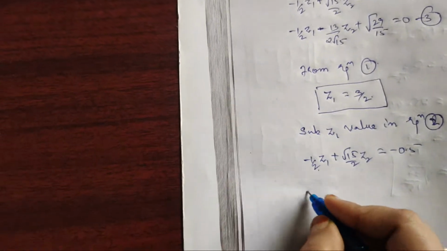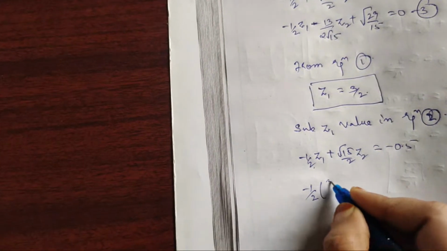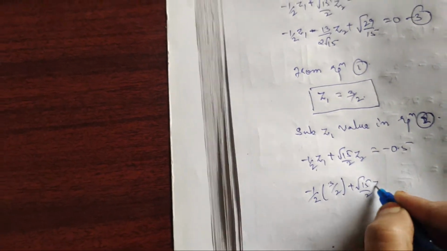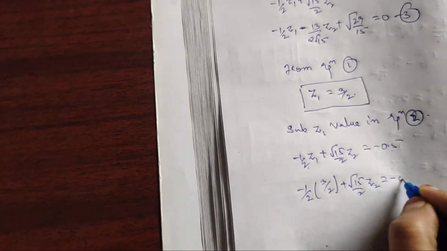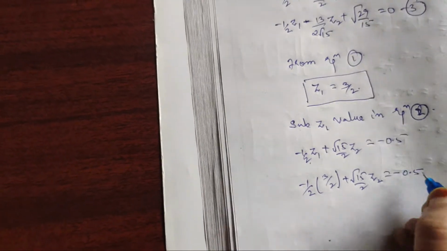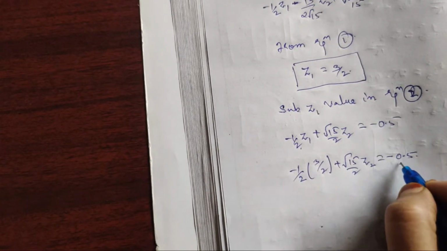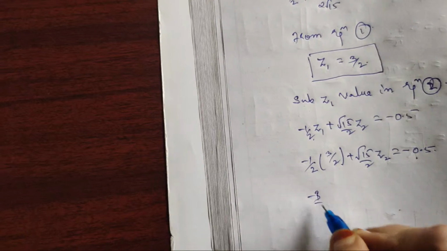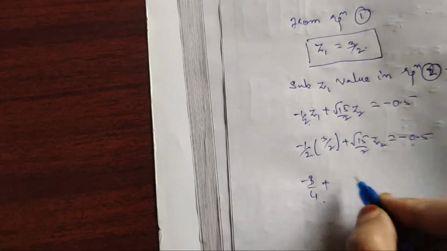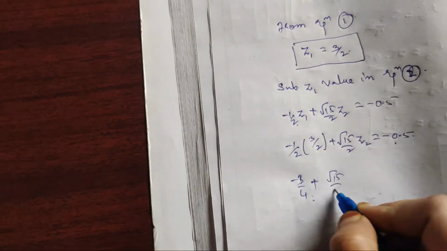So in this equation we will substitute this value: minus 1 by 2 into 3 by 2 plus root 15 by 2 z2 equals minus 0.5. This minus 0.5 we can represent as minus half. So minus 3 by 4 plus root 15 by 2 z2 equals minus 1 by 2.